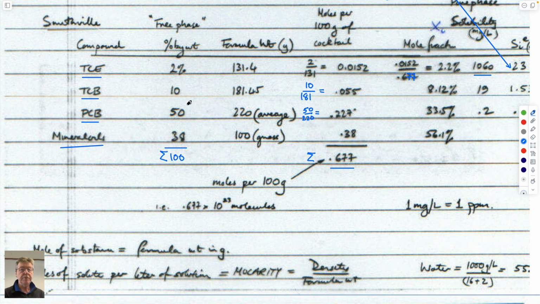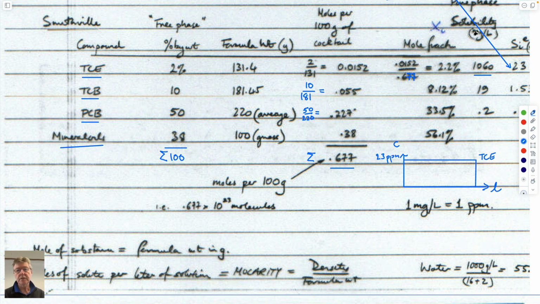Instead of being 10% by weight, it's 8.8% by molar content, and that gives you the solubility of these. And so if you were plotting, for instance, the behavior of this as it goes downstream, then for TCE this would be 23, I guess it's milligrams per liter, so it's ppm.